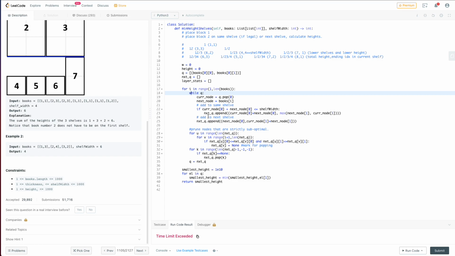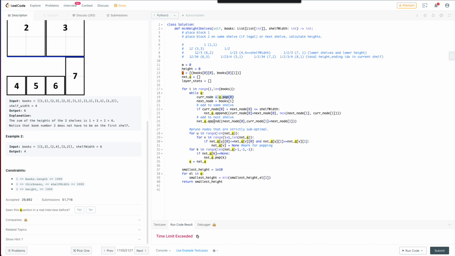So I only have one while loop, and I always pop this, so I should always be able to exit because of this.